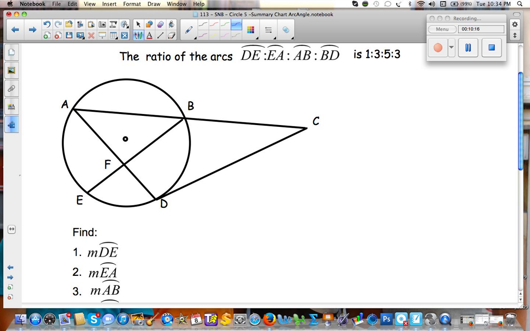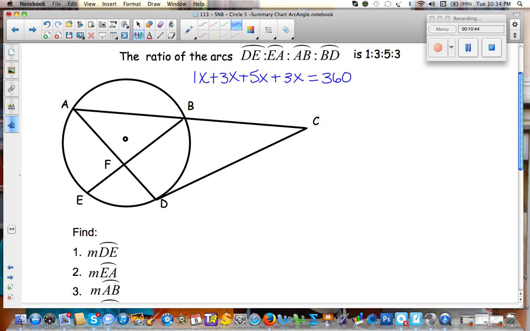So first off, we could start by coming up with an algebraic expression that 1 times some value plus 3 times some value plus 5 times some value plus 3 times some value has to equal 360 degrees, because that's going to get us the total degrees in that circle.